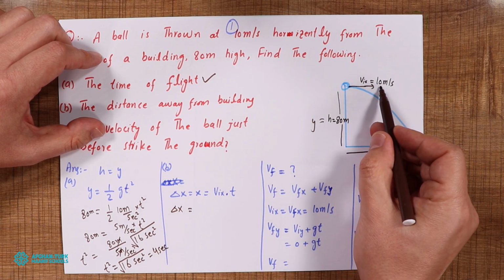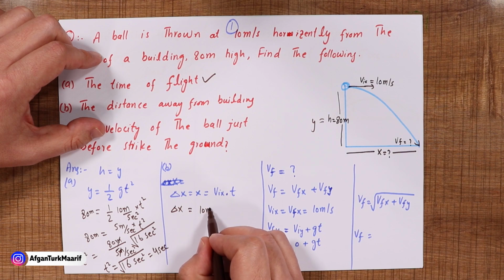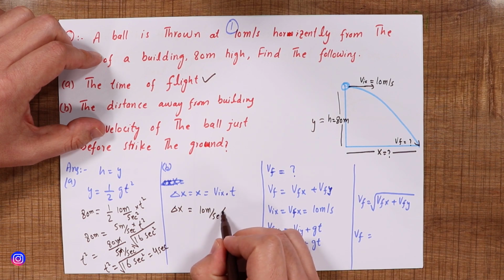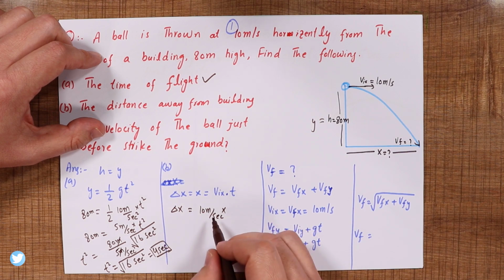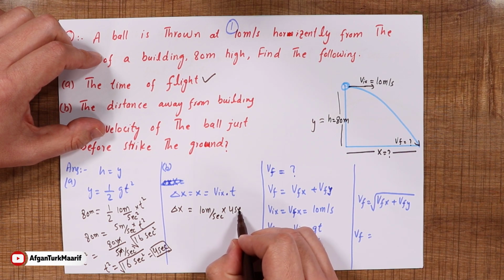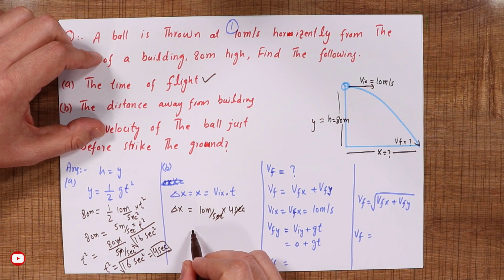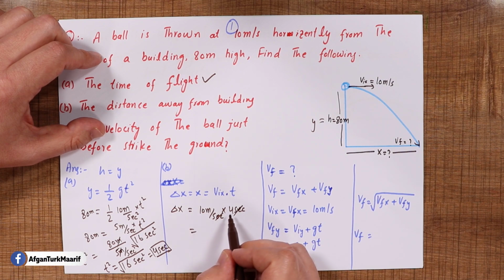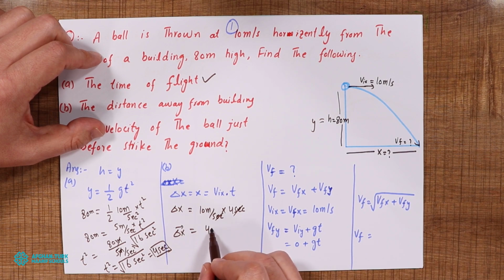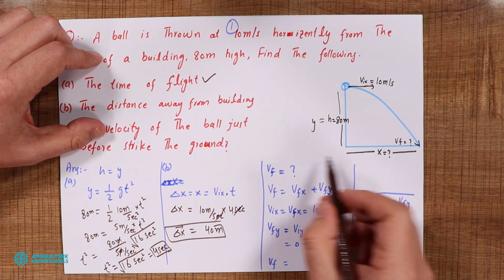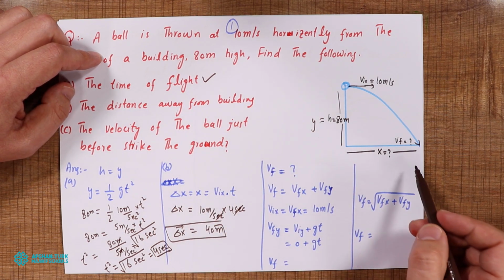Here this velocity is 10 meters per second, and the time we found is 4 seconds. Second cancels with second, and 4 multiplied by 10, our displacement is equal to 40 meters. So this is the displacement, or the distance away from the building.